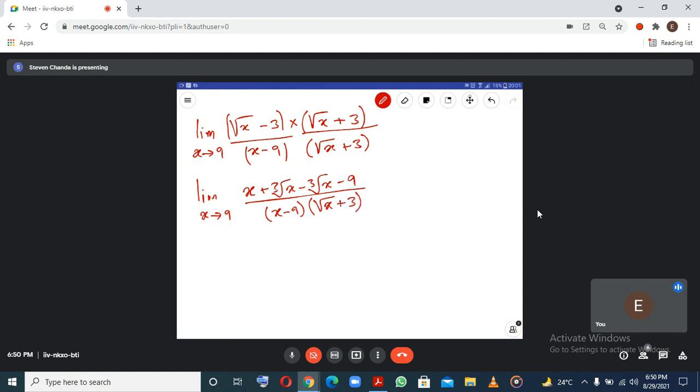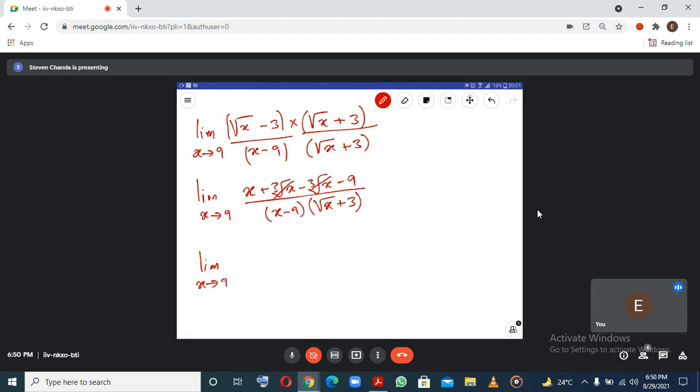Then we say limit as x goes towards 9. You see that this cancels, because that's the same as the difference of two squares when you are multiplying something by its conjugate.